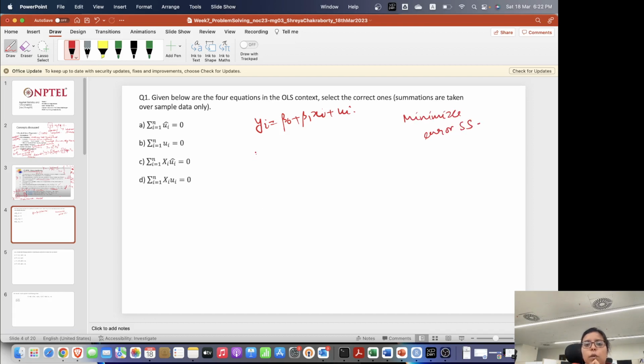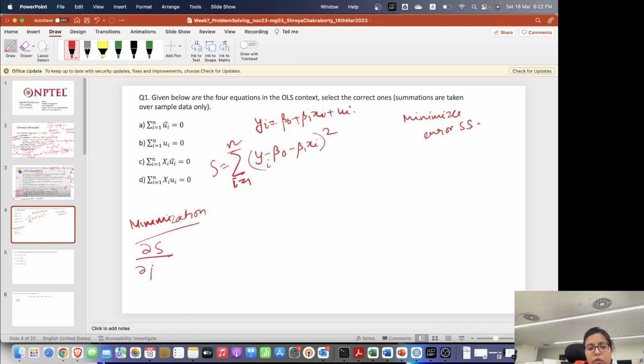So we took yi minus beta naught minus beta 1 xi, then we squared it, then we took the summation over all values of i. This was my S, and we had to minimize. Now how did we do this minimization? We took partial derivatives with respect to the unknown quantities, and then we equated them to 0, and then by solving these two equations we got beta naught hat and beta 1 hat.